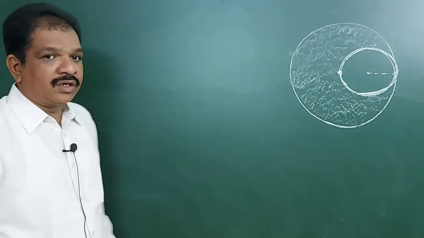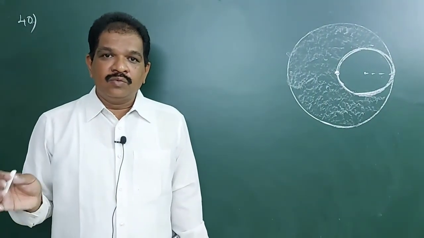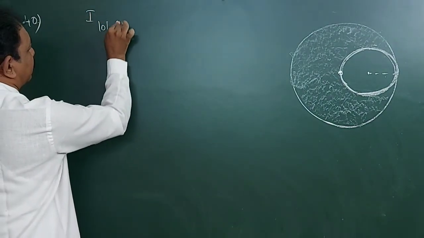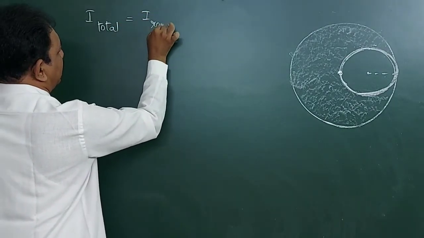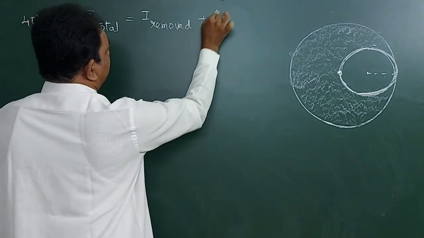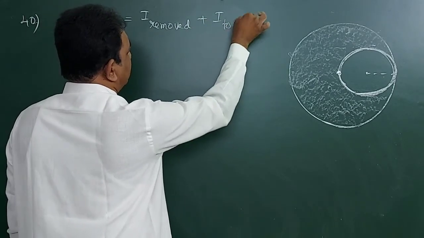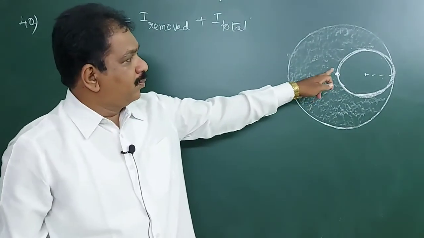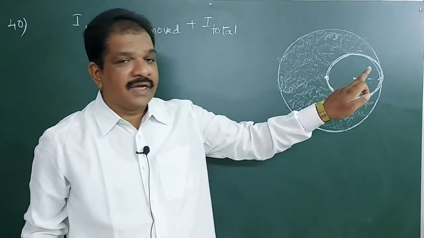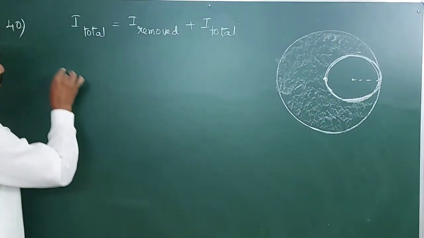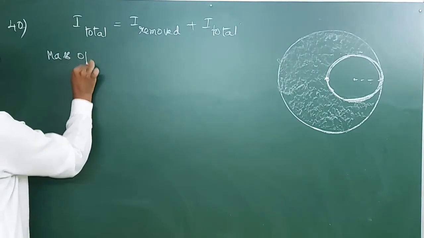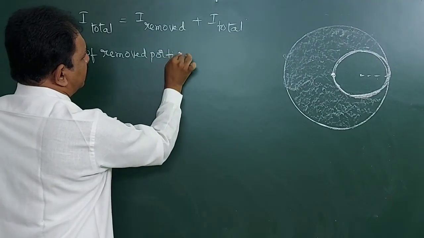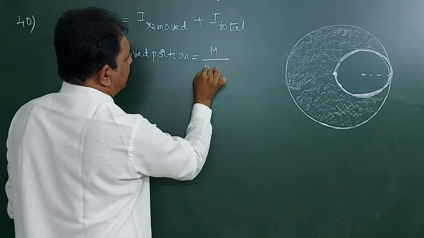For this, I total is equal to I removed plus I remaining, that model. First we will calculate the removed portion's mass, and how much the removed portion's moment of inertia about this axis is. So the mass of the removed portion is equal to mass per unit area into area of the removed portion.